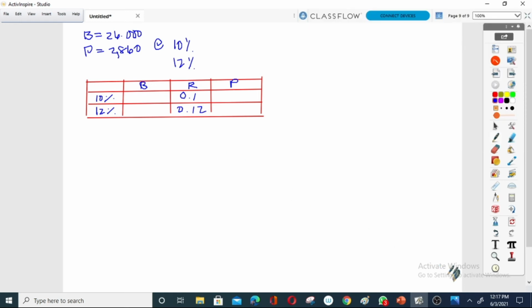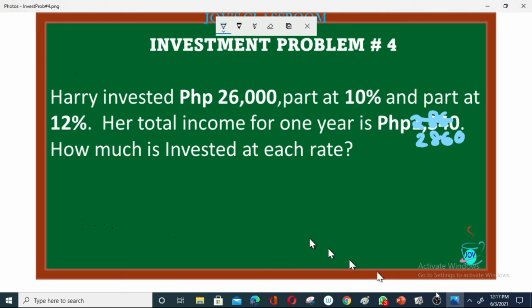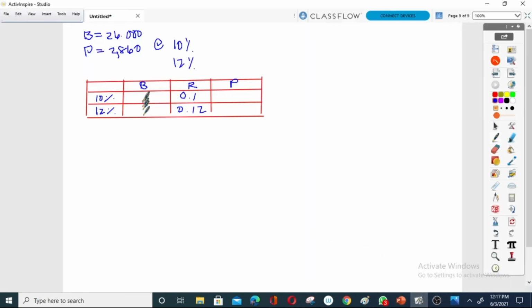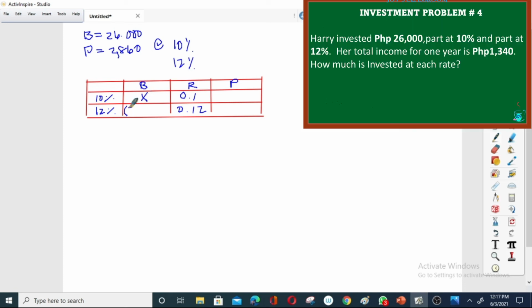What will be our x? Based on the problem, part of 26,000 is at 10% and the remaining will be at 12%. So the 10% will be our x, and the remaining will be 26,000 minus x at 12%.